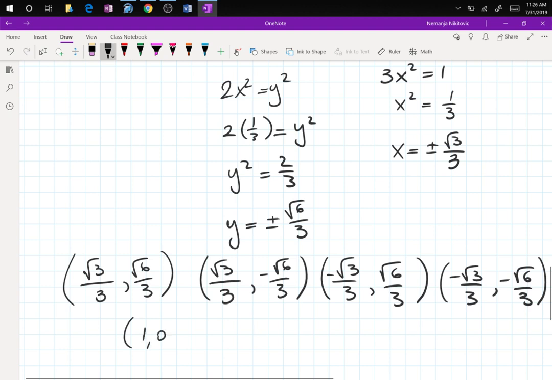And (1, 0). So we have 5 points that we were able to find that will give us these values.